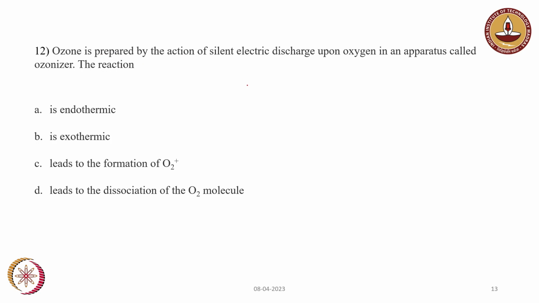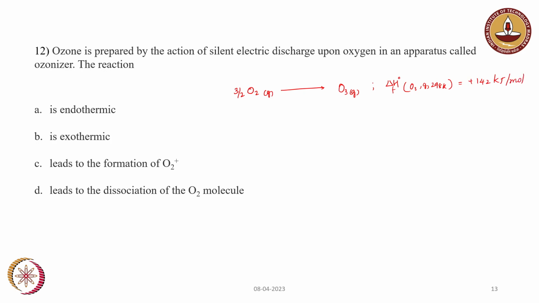So the preparation reaction is 3/2 O2 giving O3 gas, and the enthalpy of formation of O3 gaseous at 298 Kelvin is found to be plus 142 kilojoule per mole.